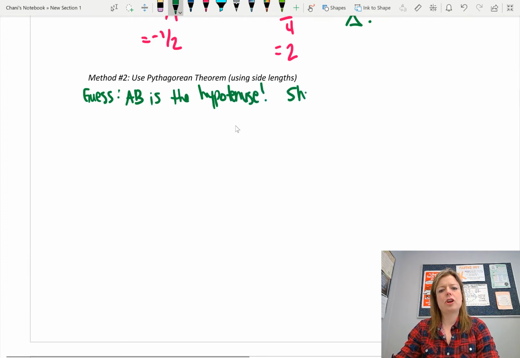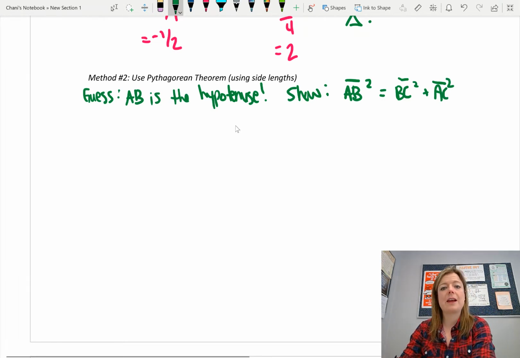So we need to show, does the length of AB squared equal the length of BC squared plus AC squared? Because the only types of triangles that fit the Pythagorean theorem are right triangles.